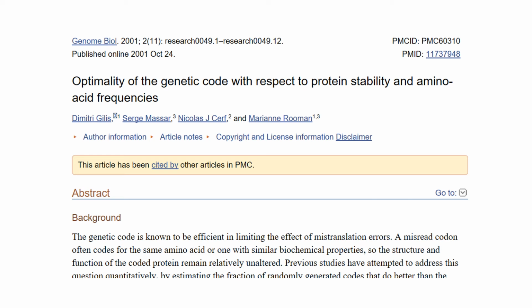An easy way to understand this is if you look at the English language, the letter E is much more common than the letter Z in the words that we use. So now an analysis takes into account these different amino acid frequencies in proteins.